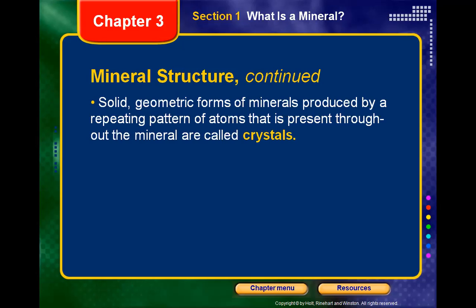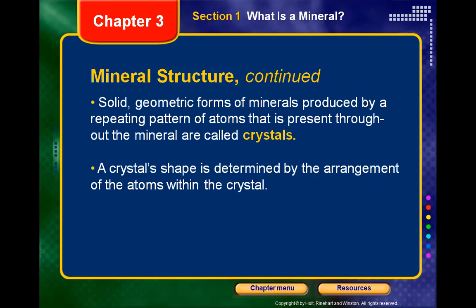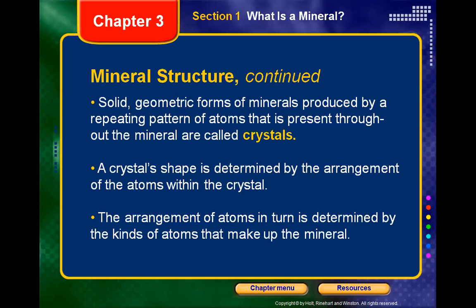We call this a crystal, or the crystalline structure. The crystal shape is determined by the arrangement of the atoms within the crystal, and the arrangement of the atoms is in turn determined by the kind of atoms that make up the mineral. So it depends on what atoms are found in the mineral, it will show how this arrangement will be, and that will form a certain shape. We call it a crystal.